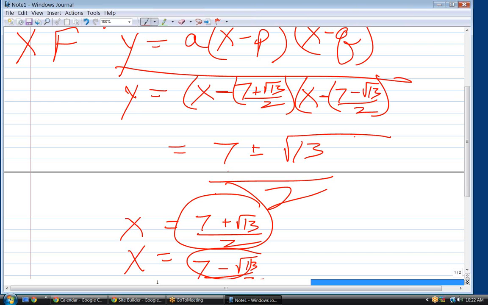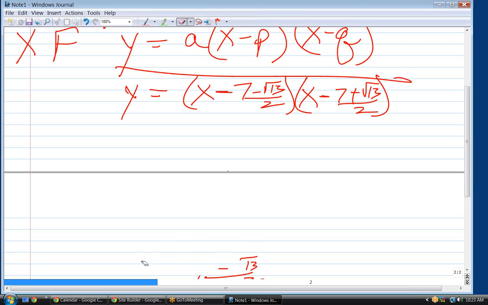Yeah, 7 minus in both cases. Now, when I remove the inside parentheses, this basically has the effect of making this minus and this plus. So it makes that a minus when I remove this parentheses, and when I remove this parentheses, it turns that to a plus. So there is vertex format right there.